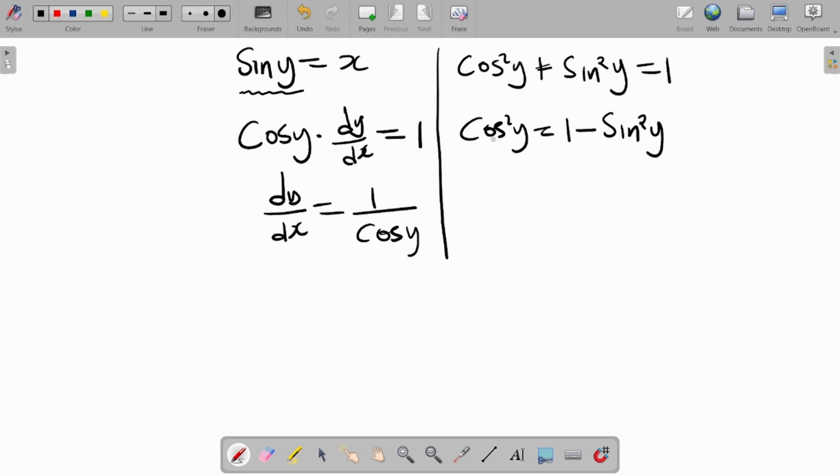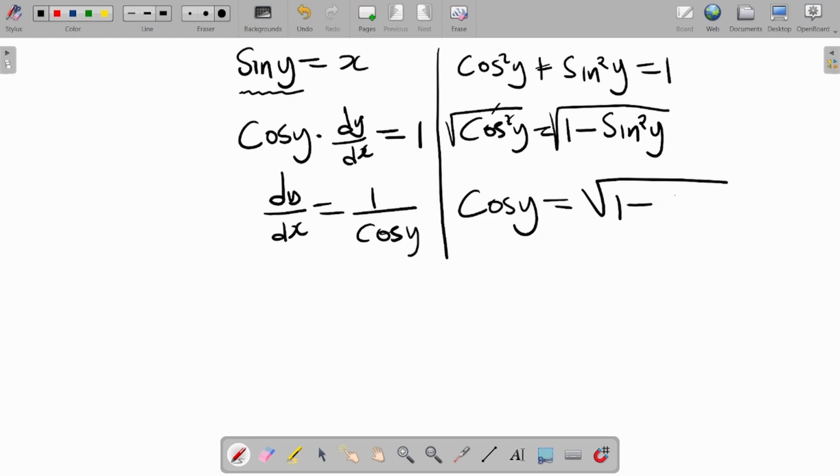And then now let's make cos y the subject. Introduce the square root on both sides of the equation, and we remain with cos y being equal to the square root of 1 minus sine squared y.